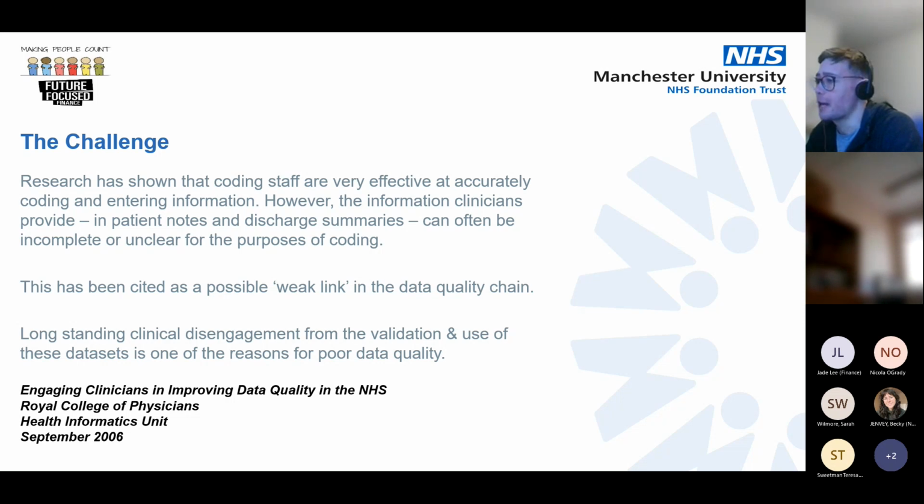We struggled with disengagement with clinicians for a long time, whether it was in the validation process of different data sets, or whether it was just disengagement from the process of coding and speaking to coders. Now that is from 2006. That's a really old review. I would say since I've been involved in clinical engagement, it is much better. The clinicians who want to engage really want to engage.